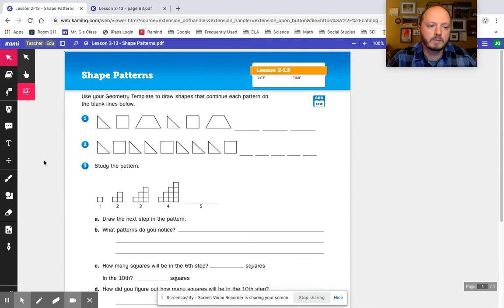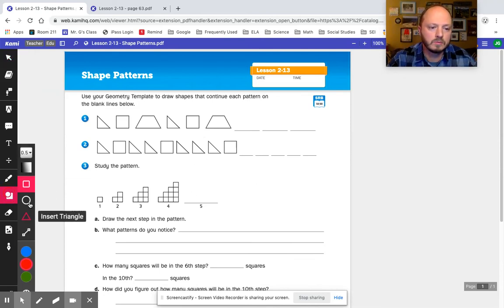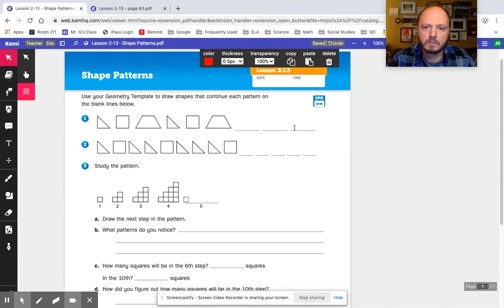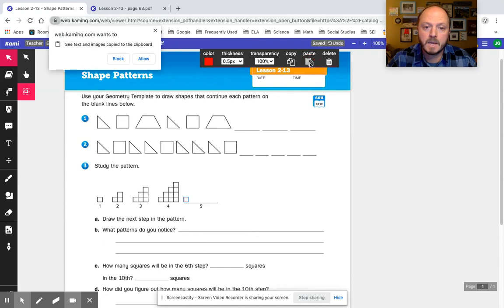Or perhaps use the shape tool. Basic rectangles are pretty easy to draw, and if you draw one like this, and then if you use the select annotation tool, you can highlight it, you can copy it, and then you can paste it.